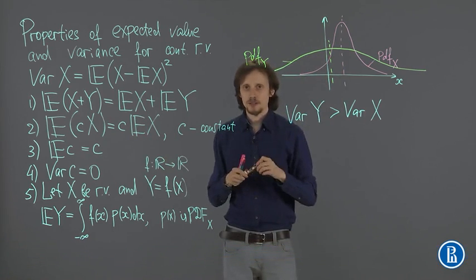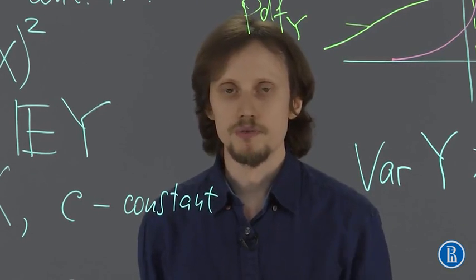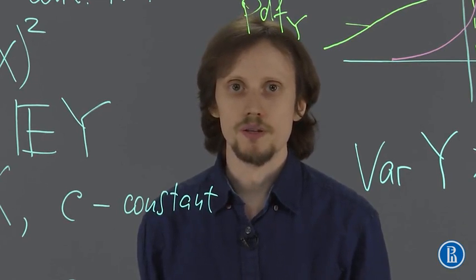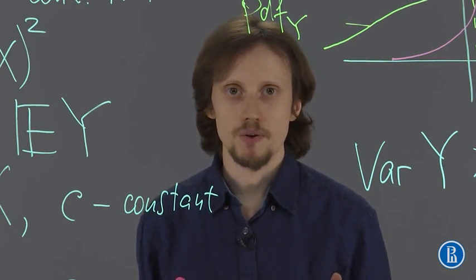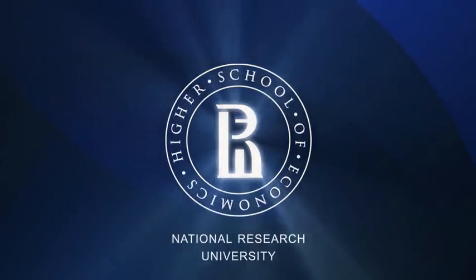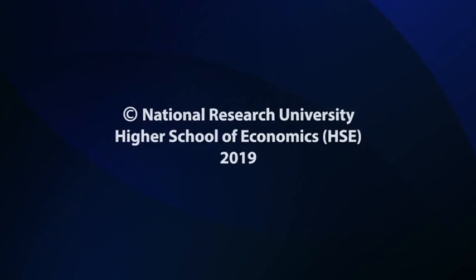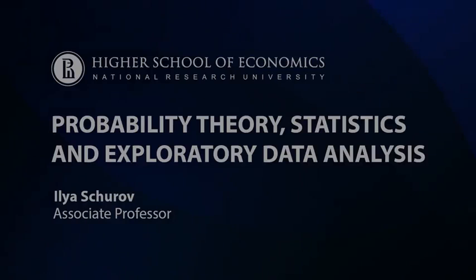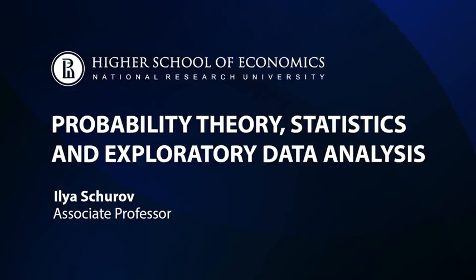Now let us discuss how the probability density function changes when we transform a variable. We often need to transform random variables, for example by adding a constant or multiplying a random variable by a constant.